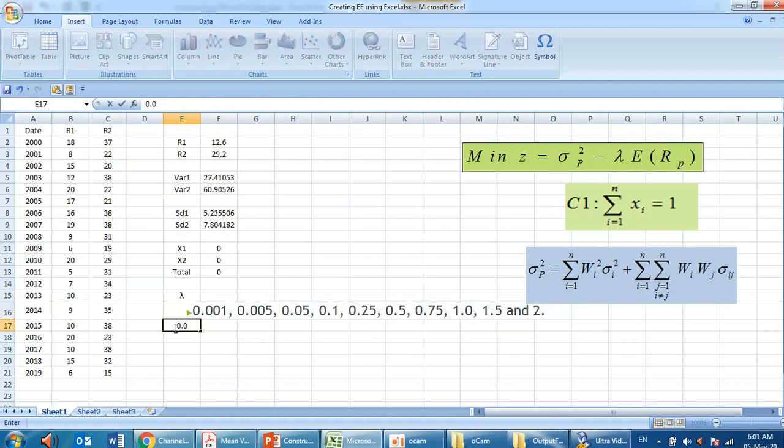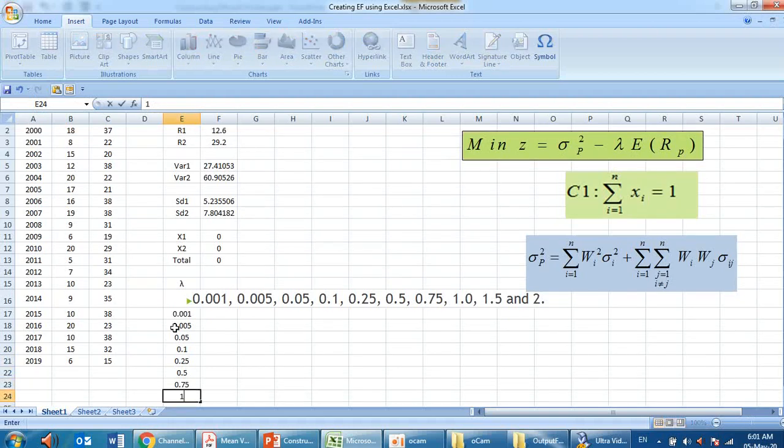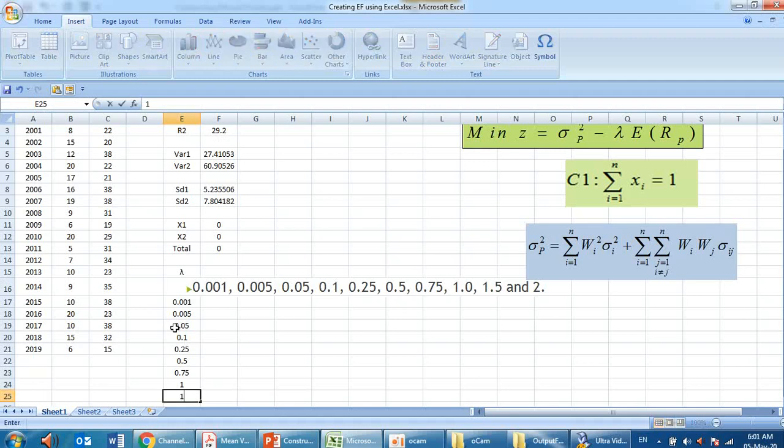0.001, 0.005, 0.05, 0.1, 0.25, 0.5, 0.75, 1, 1.5, and 2.